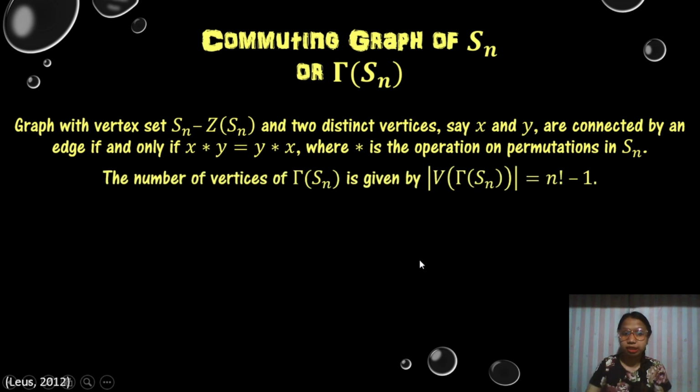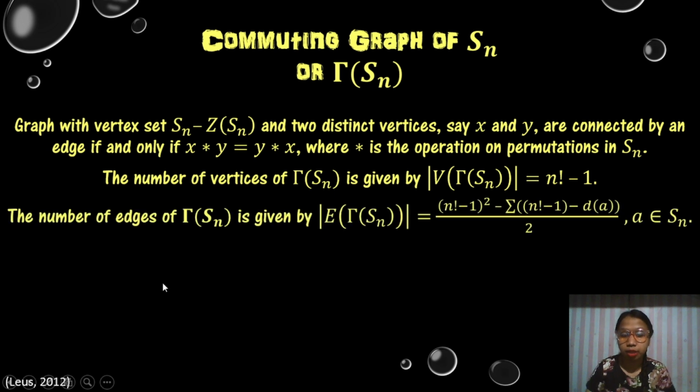The number of vertices of gamma of S sub n is given by this expression, which is n factorial minus 1. And the number of edges of the commuting graph of S sub n is given by this expression: the square of n factorial minus 1, minus the summation of the difference between n factorial minus 1 minus d of a, all over 2, wherein a is an element of S sub n.